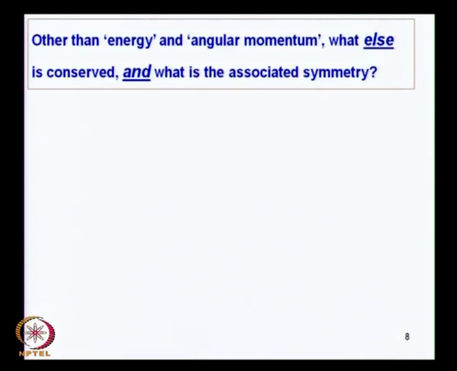We begin this discussion by raising a question that in the Kepler problem, other than the energy and angular momentum, what else is conserved? Is there anything else which is conserved in addition to energy and angular momentum?